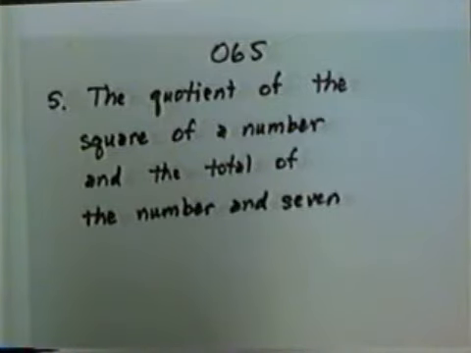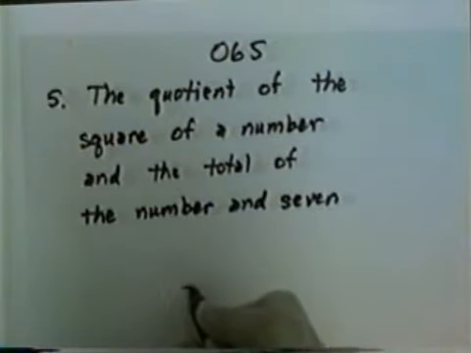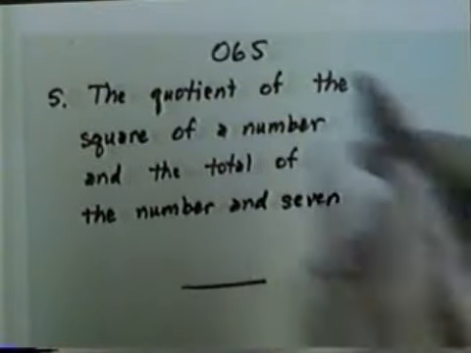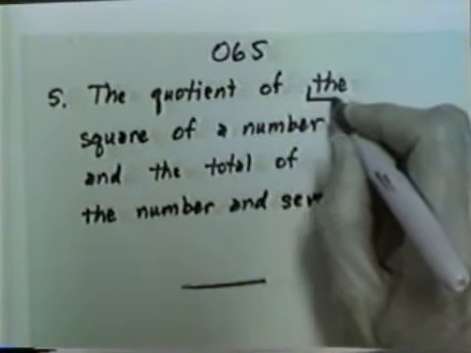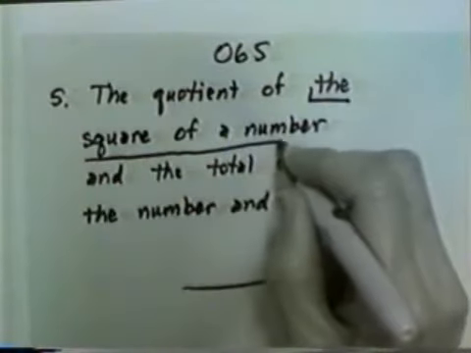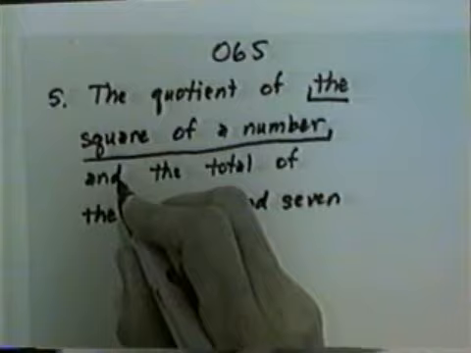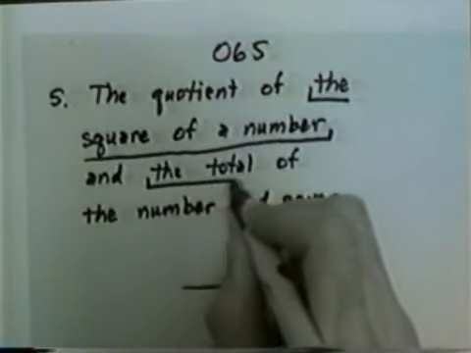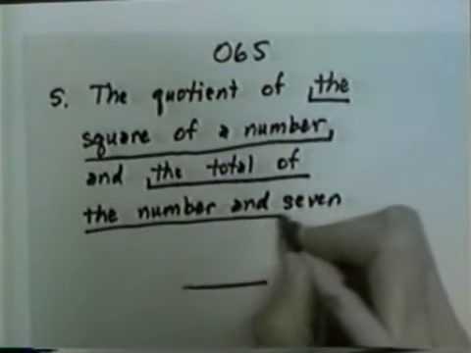Key words here. Quotient tells us we are dividing, so we'll put a fraction bar for the dividing. Quotient of, the first thing is the square of a number, coming up to the word and. The second thing is the total of the number and 7.